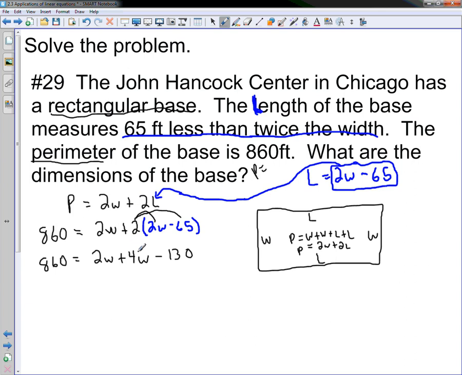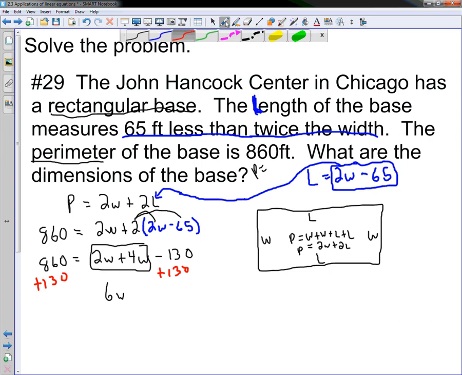I have some like terms here. I'm going to combine those together. That's going to give me 6W. Now the plus 130, I'm going to add that to the other side. So let's add 130. And that gives me 990.